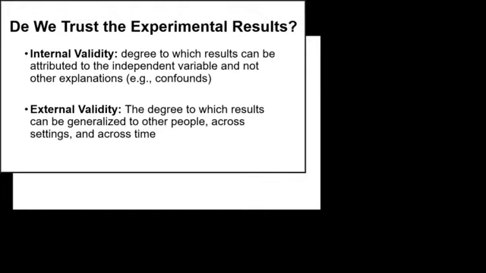If you chose a very representative sample, if you have a good sample, you should have good external validity. But if you had a biased sample, then you have low external validity, and you can't necessarily apply results to other people, the rest of the population, or other situations. So that's a big concern there.